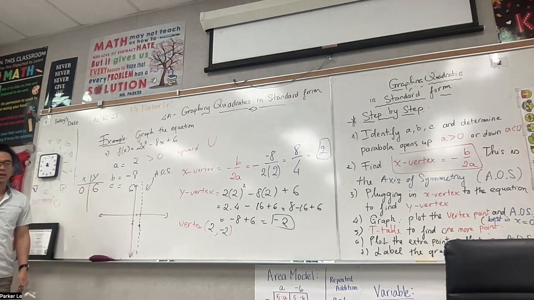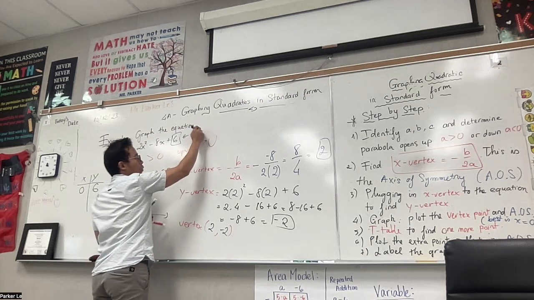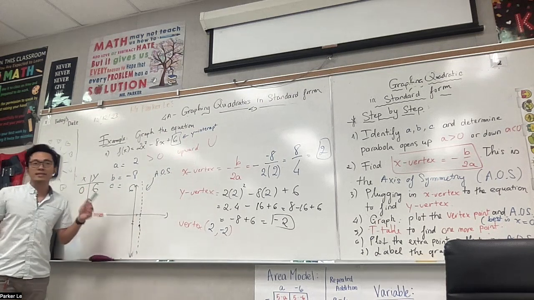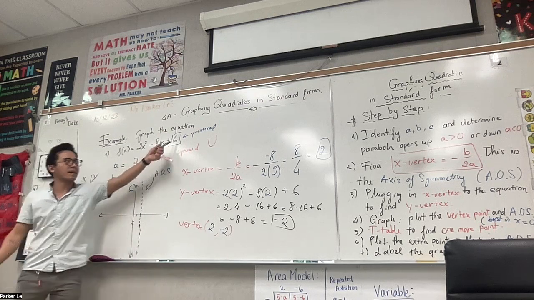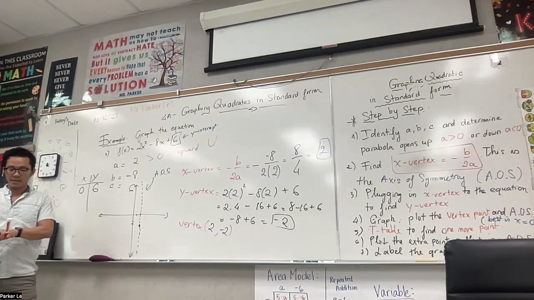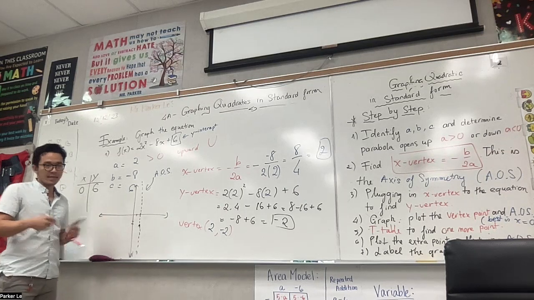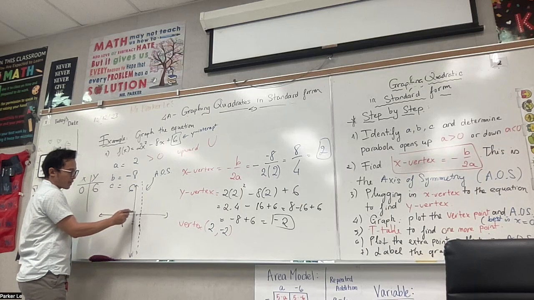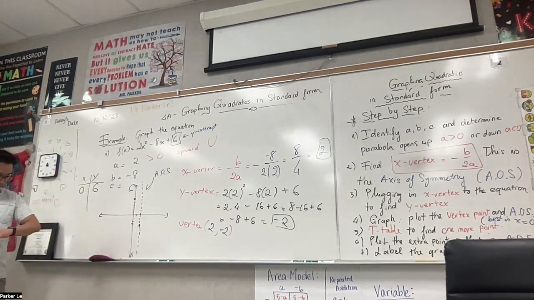That's why it's called the y-intercept: it's when x equals 0, and that point is on the y-axis. So (0, 6) is right here. That's my second point.